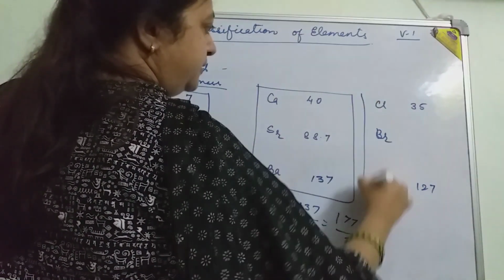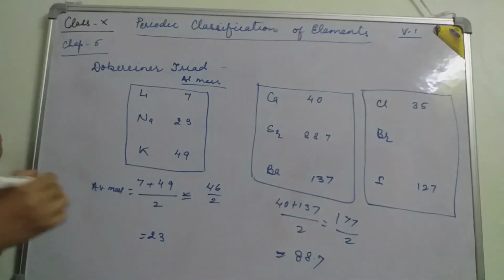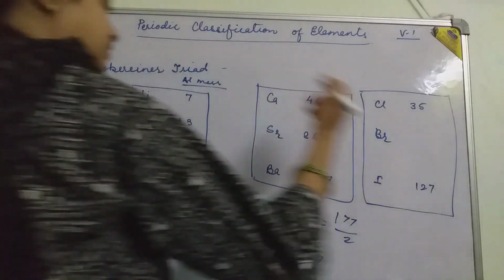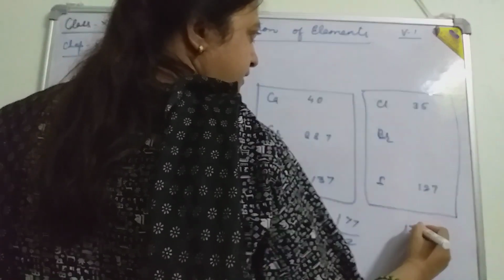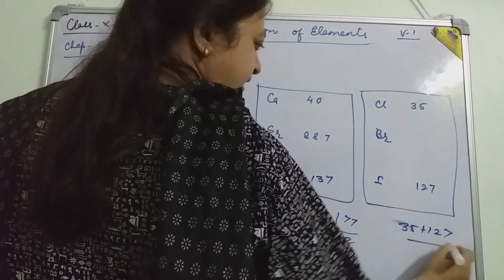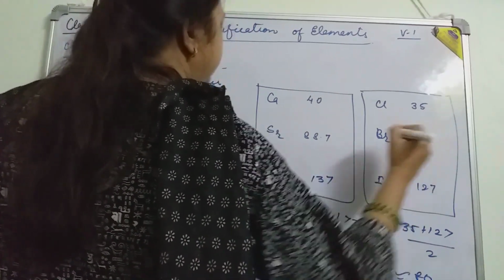Then what will be the mass of bromine? You can calculate 35 plus 127 by 2, approximately 80. So the mass of bromine is 80.